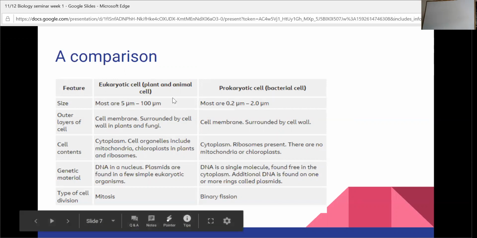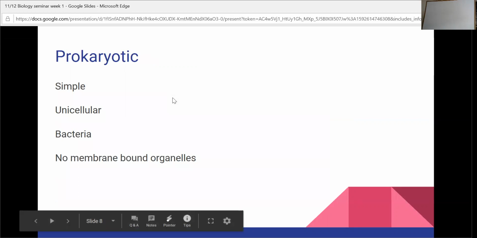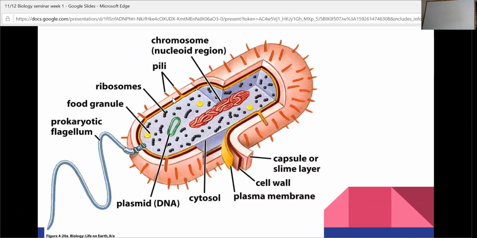And so, just like we discussed there, you can see on this picture that they simply have one big molecule for all their nuclear material.